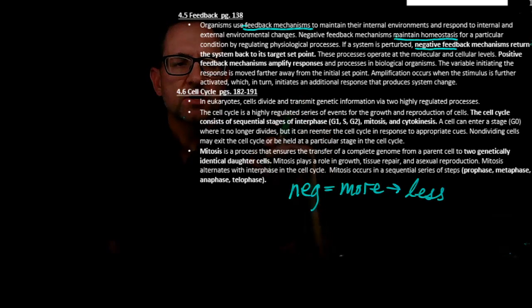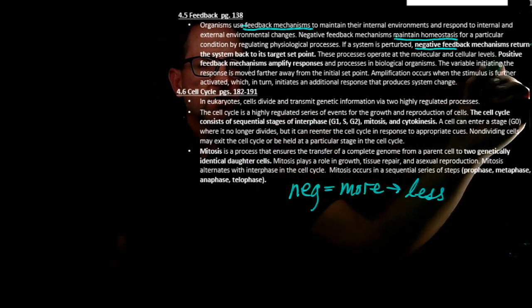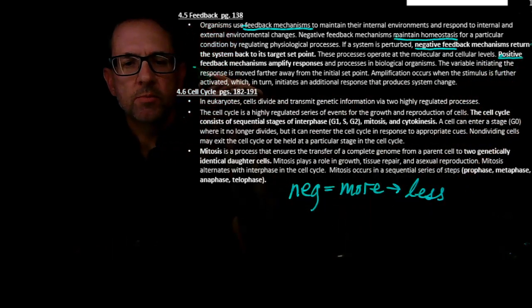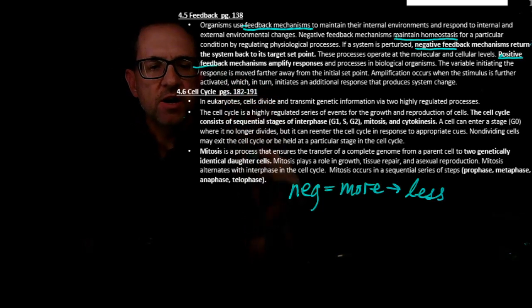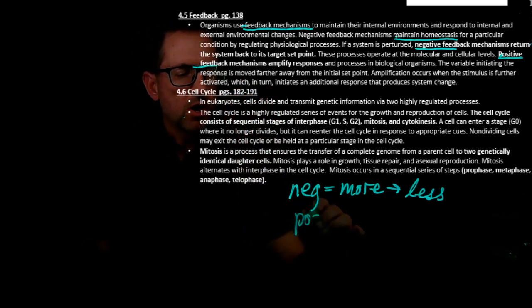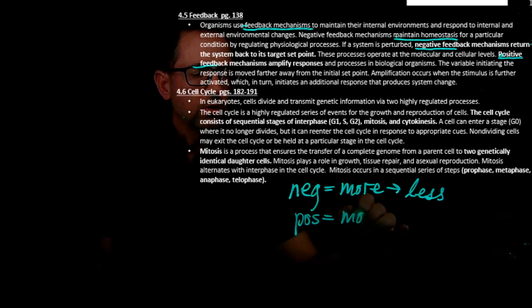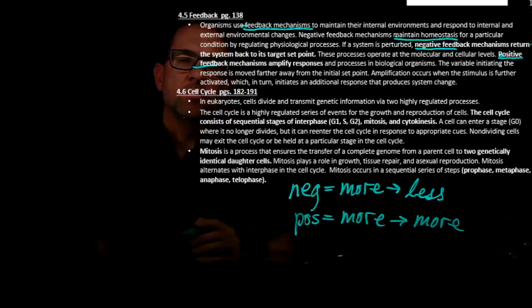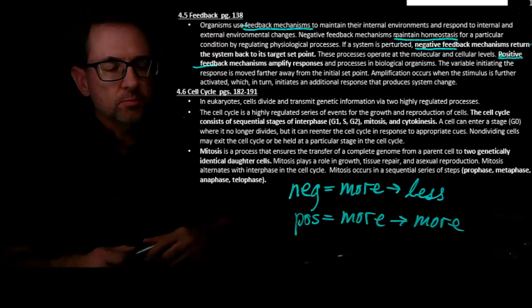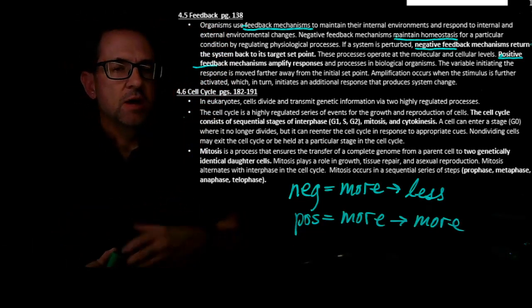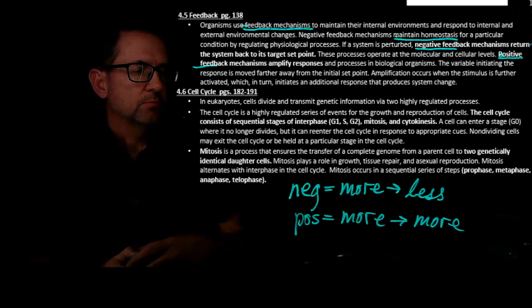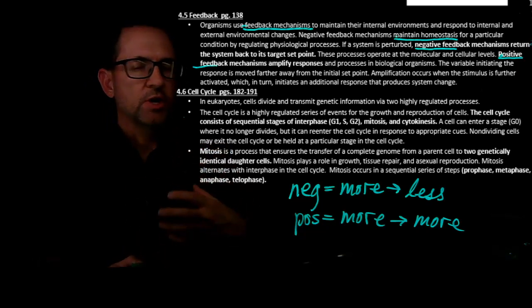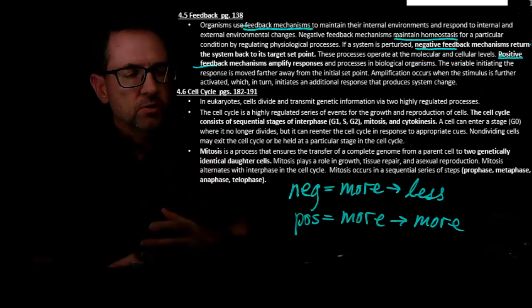These processes operate at molecular level. Positive feedback, however, and that's what we have right over here. Positive feedback. Come all the way back over here. They amplify a response. So if I'm talking about positive feedback, more is going to give me more. Two common examples of that are childbirth, or even mammals suckling, drinking milk, producing the production of milk in the mammary glands.